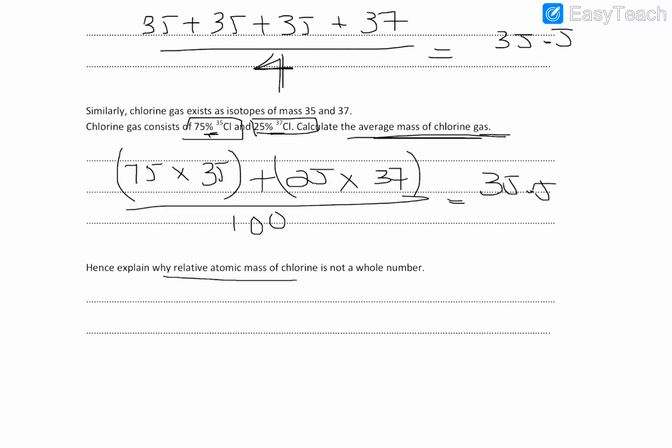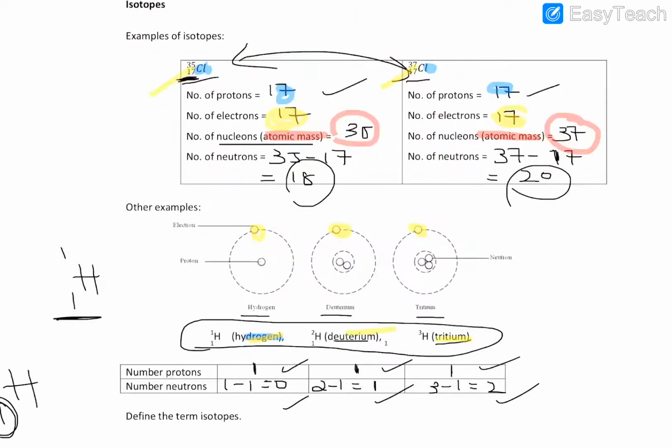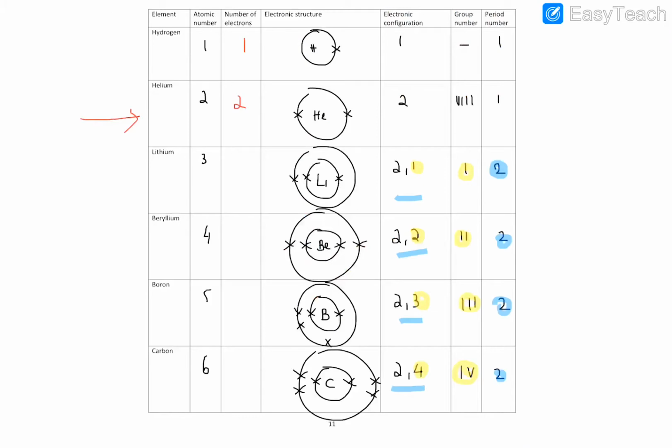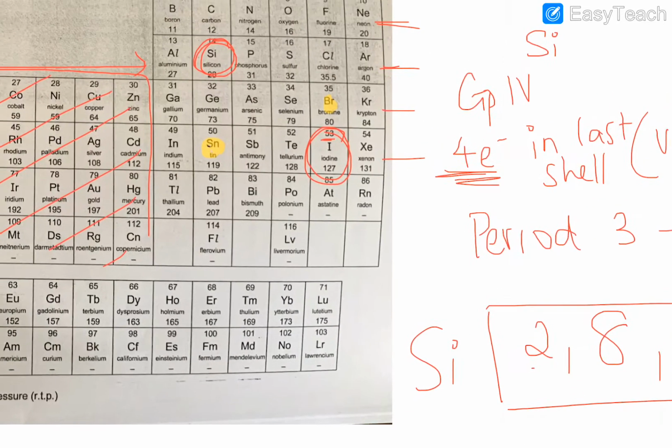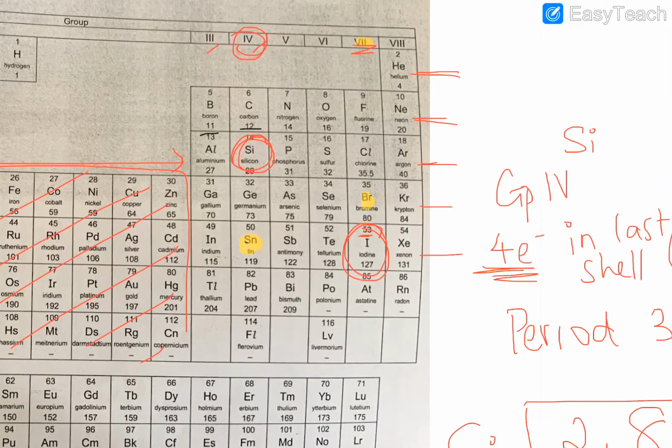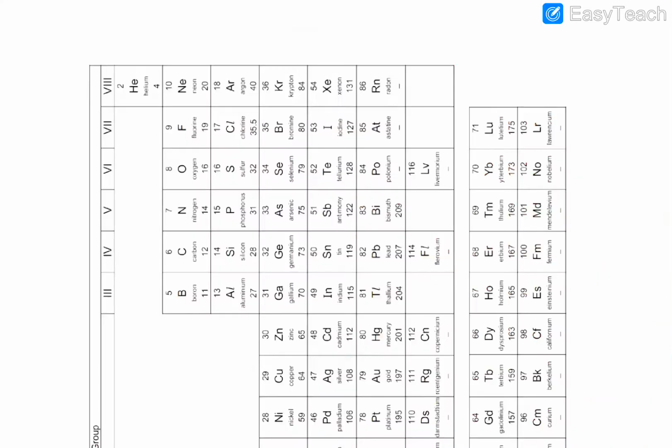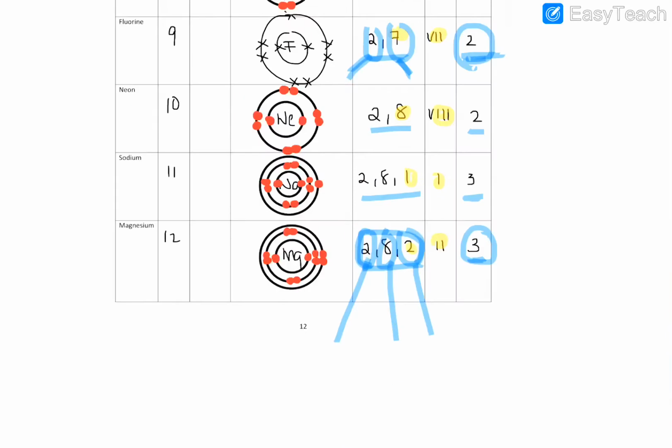Explain why relative atomic mass of chlorine is not a whole number. If you look at the atomic masses of the elements in the periodic table, they are all whole numbers except for chlorine, which has an atomic mass of 35.5. Why is it not a whole number?